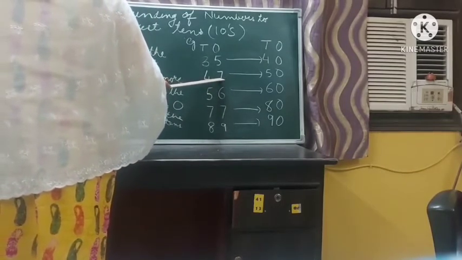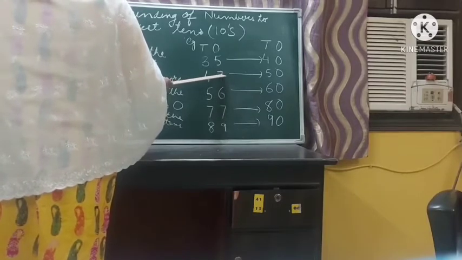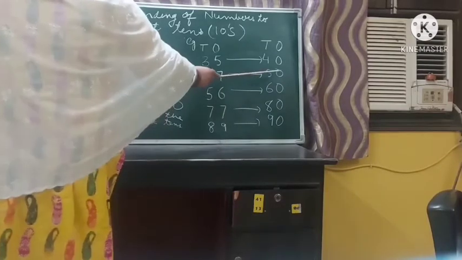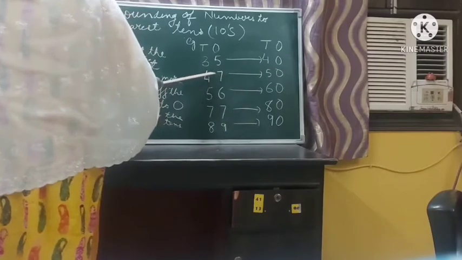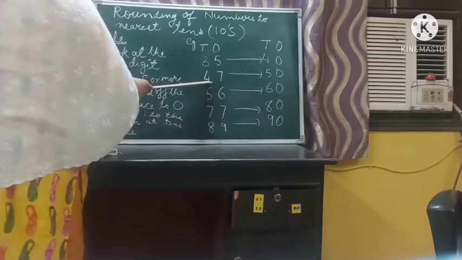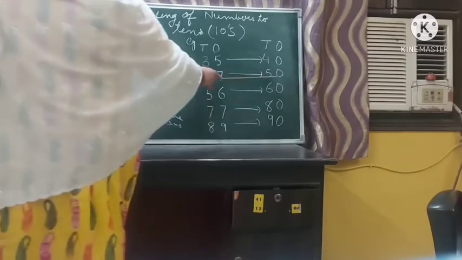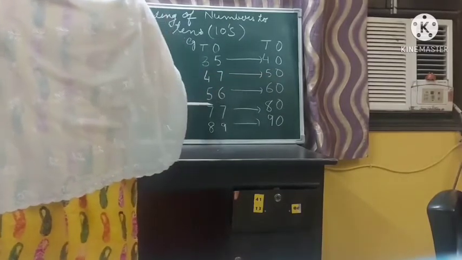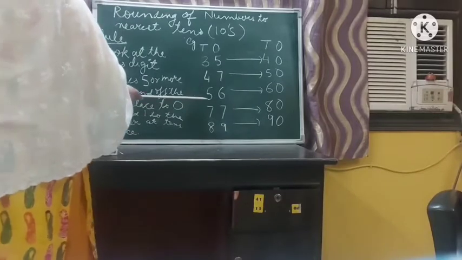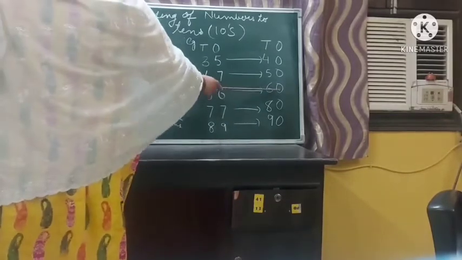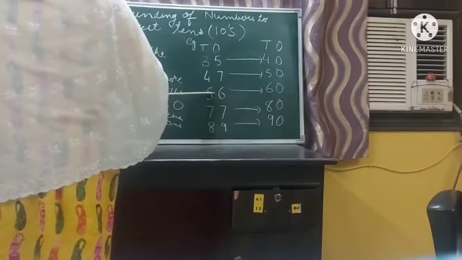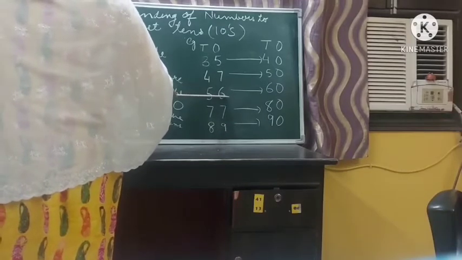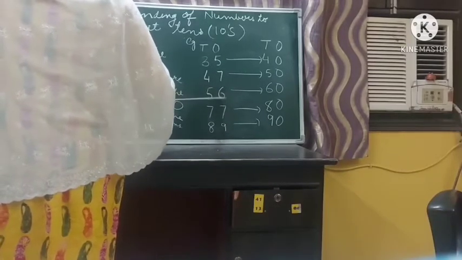The ones place is 5 or more than 5, it is 7. So in the ones place you will write 0 and in the tens place you will add 1. The tens place is 4 and 4 plus 1 is 5. So 47 will be rounded off to 50. See 56. In the ones place you will write 0 and in the tens place you will add 1. Why will you add 1? Because the ones place is 5 or more than 5.